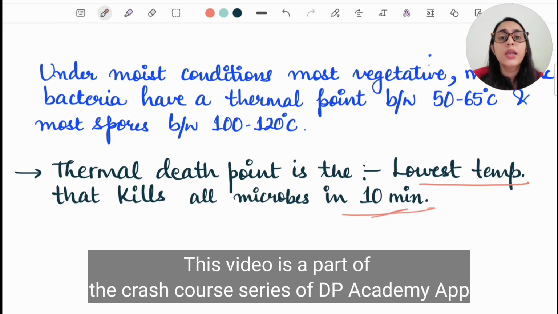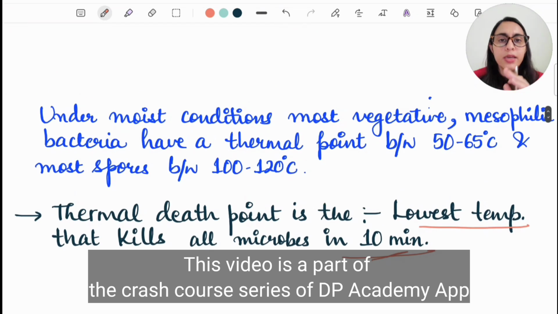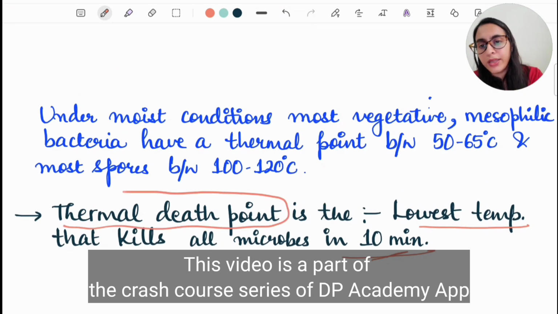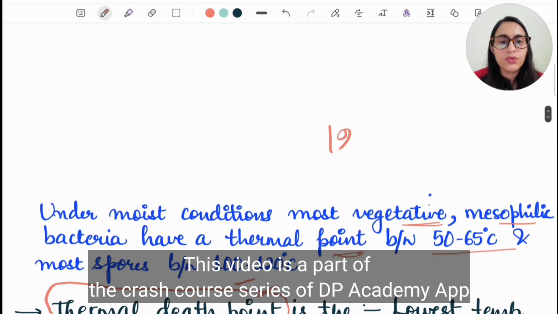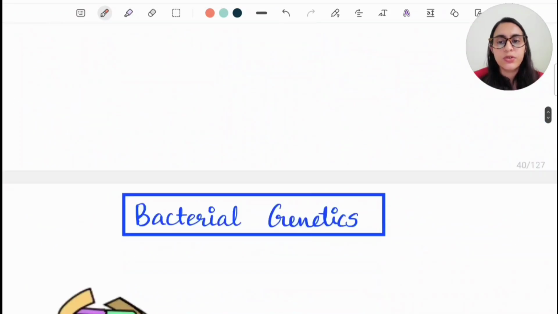Under moist conditions, most vegetative microorganisms, mesophilic bacteria, have a thermal death point between 50 to 65 degrees Celsius, and most spores between 100 to 120 degrees Celsius. That is why we use 121 degrees Celsius in the autoclave, because we kill the spores in the autoclave.